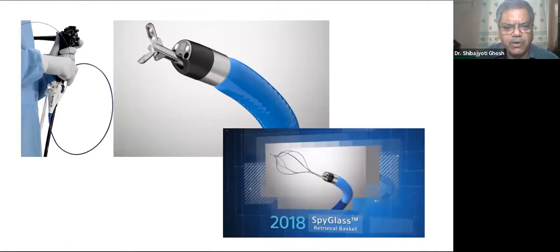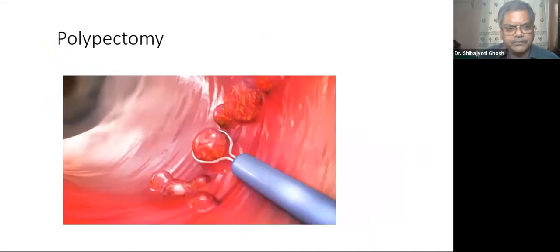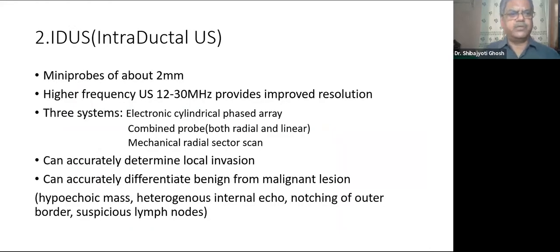We can read more about this from the latest Recent Advances book by Roshan Lal Gupta, probably the 17th edition. From there, you can have very good information regarding the use of endoscopy in the hepatobiliary region. So this is one picture of polypectomy by Spyglass cholangioscopy.